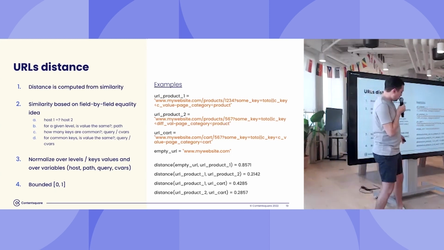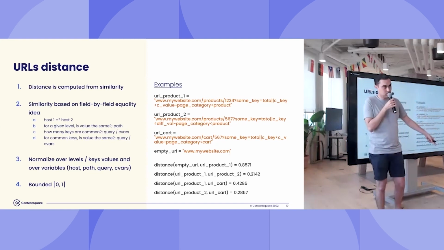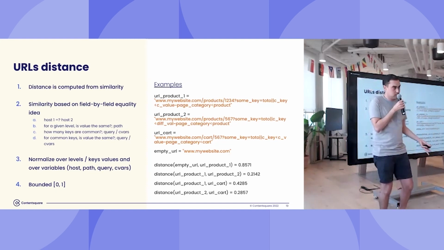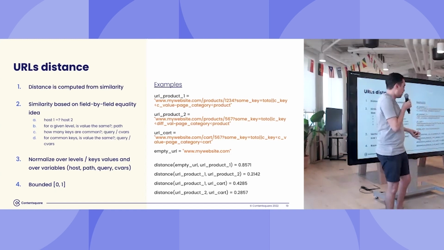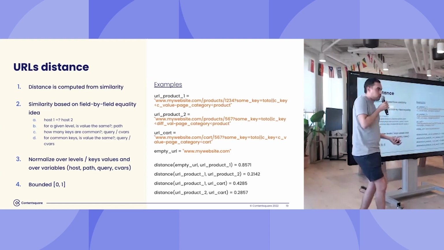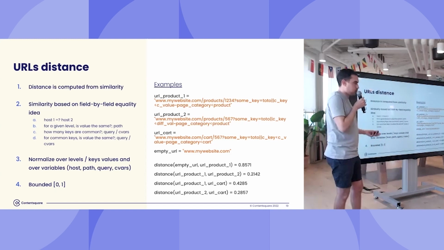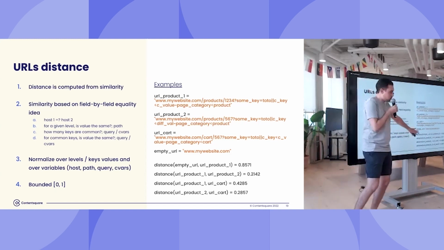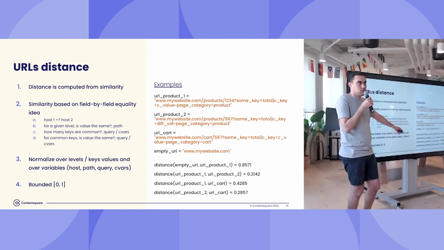The distances between product 1 and cart, and product 2 and cart, are 52% and 28%, which is very different, even though the first is a product and the other is a cart. So this is something that is not really okay, something we don't want. But at this point we said, okay, let's set this problem apart, see how this performs, and then maybe we can solve it.